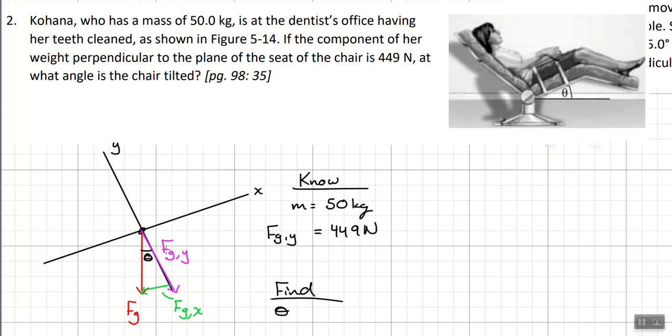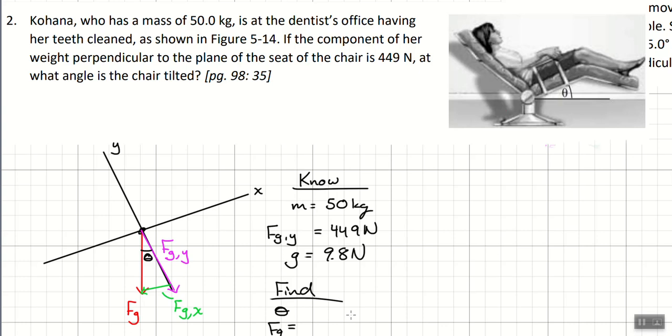If I want to find this purple one, the force of gravity... sorry, if I want to find theta, I know F_gy. That's the adjacent side to it. Is that right? We do know the value of gravity. Could we find the force of gravity as well? If I know gravity is 9.8, could we find F_g?